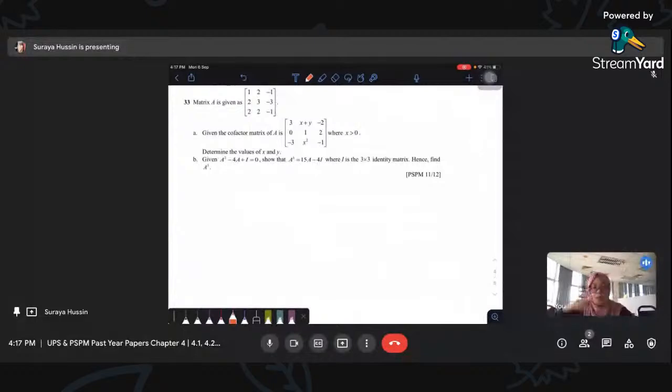But is it 33A or 33B? Can you tell me which one you want the most? I think A is quite simple, right? If we don't discuss A it's okay. Can I go to B? Is it okay, everybody? Do you want A or B? You can only choose one. I want to discuss either A or B only.